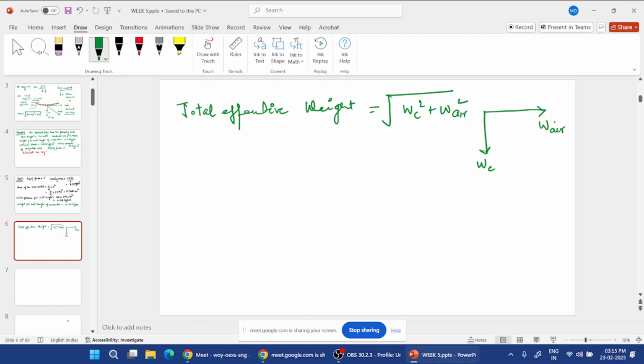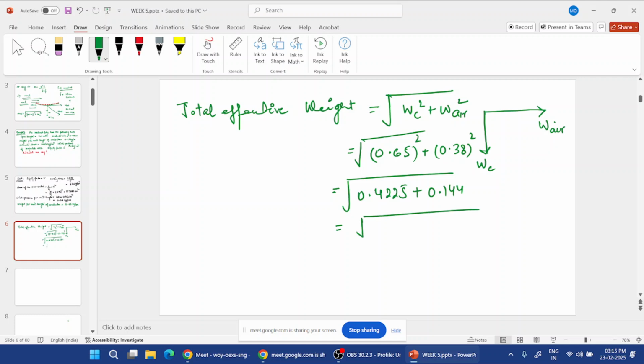So what is WC, which is the conductor weight? It is 0.65 whole square plus 0.38 whole square. 0.65 squared is 0.4225, plus 0.144.